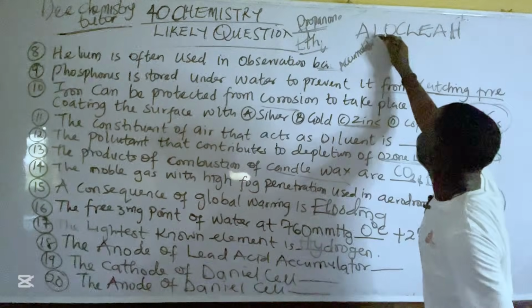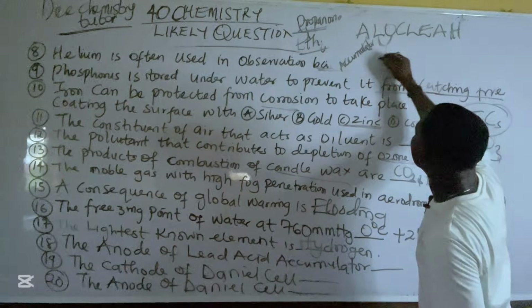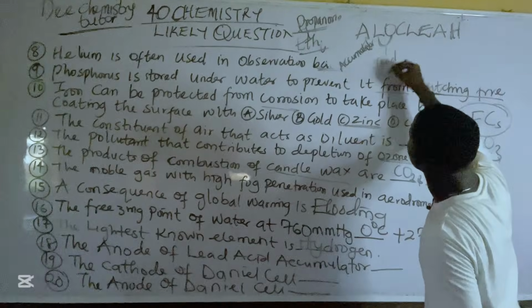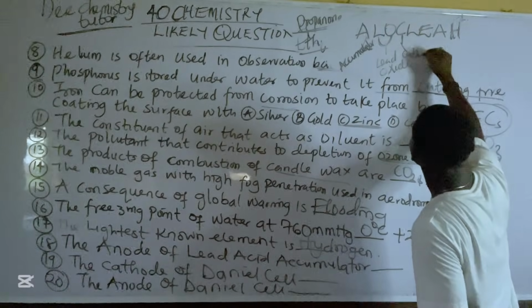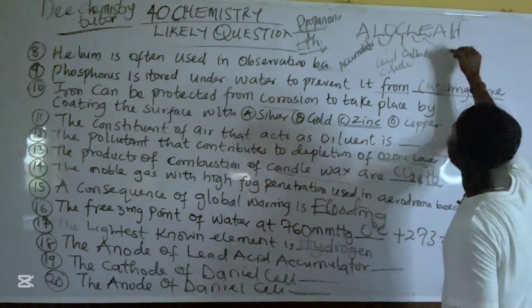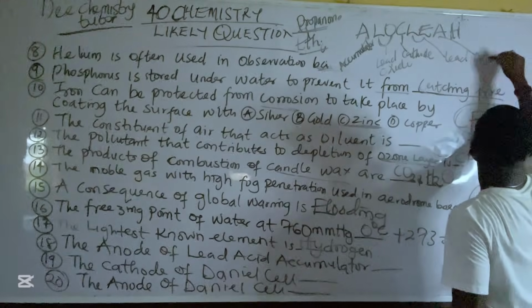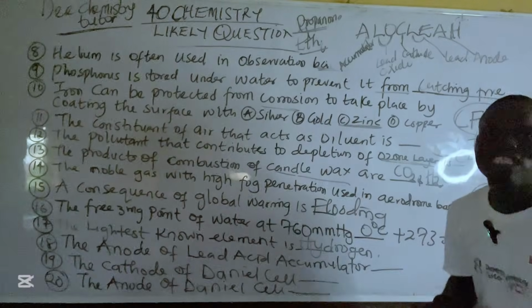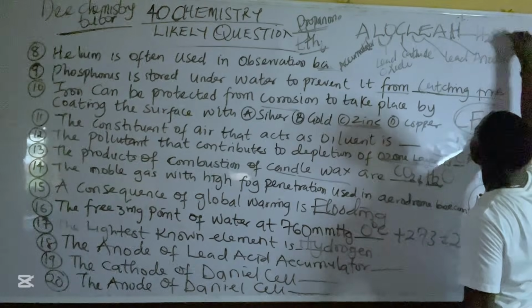Now, this thing will be together. So it becomes lead oxide. What is here? Cathode. And this thing together, lead, what is this? A lead anode. That means the electrolyte is H2SO4.